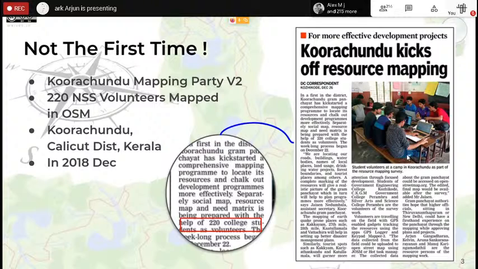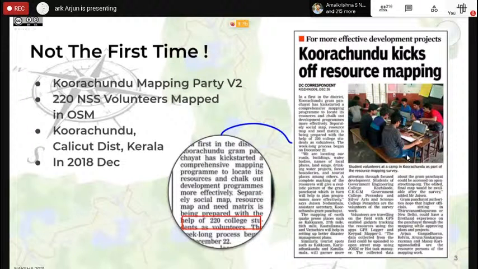And this is not the first time OSM India is joining hands with NSS. This is a small news clipping in Deccan Chronicle about our first event, which happened in December 2018. 220 NSS volunteers mapped for OSM in Kuruchandu village panchayat in the Calicut district of Kerala.